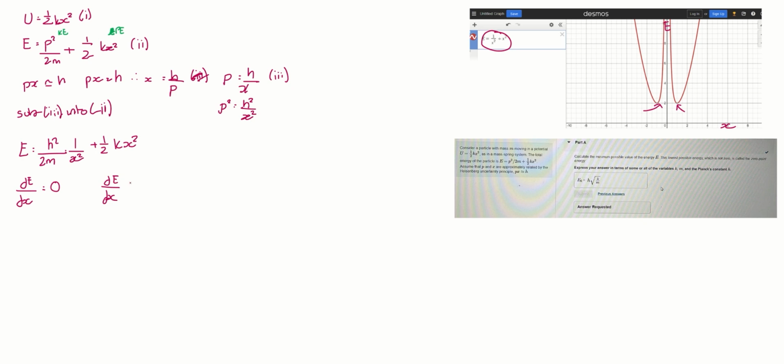And that becomes, if I look at that, h squared, we've still got those factors there, 2m, and nice easy differentiation: 1 over x squared is going to be minus 2x to the minus 3, because 1 over x squared is x to the minus 2, plus, differentiating that, a half k 2x, which is really good news because we can see lots of cancellations there.